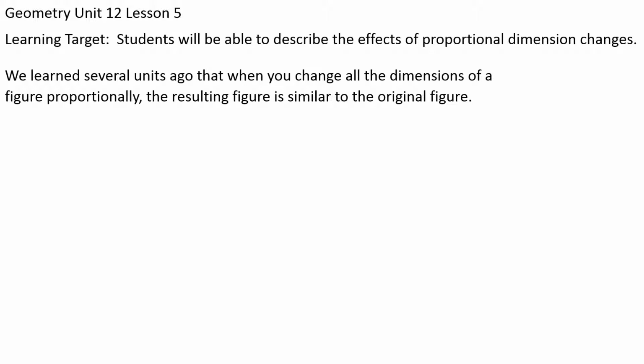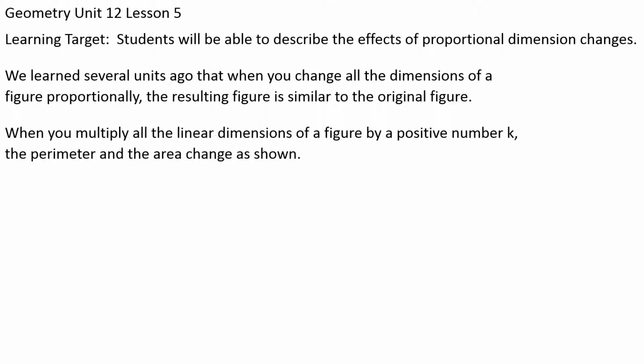They weren't congruent because they were no longer the same size, but they were similar because they were still the same shape. So now the question begs, what happens if we multiply by number k? Specifically, the perimeter and the area.